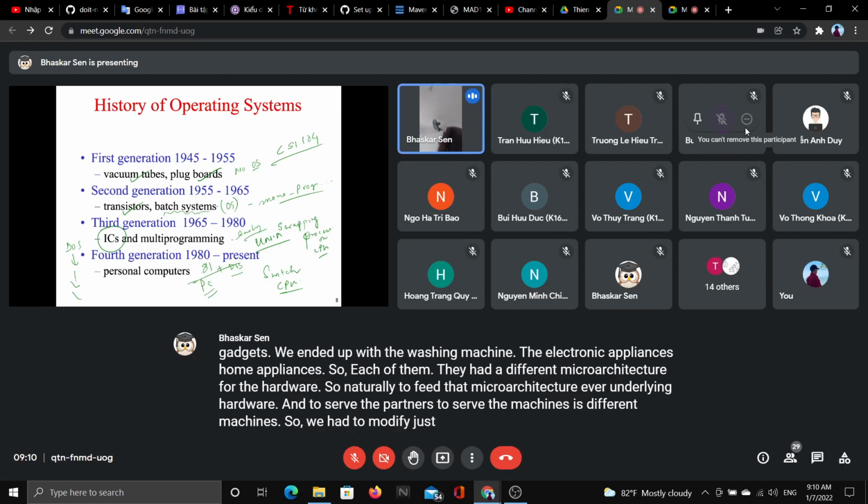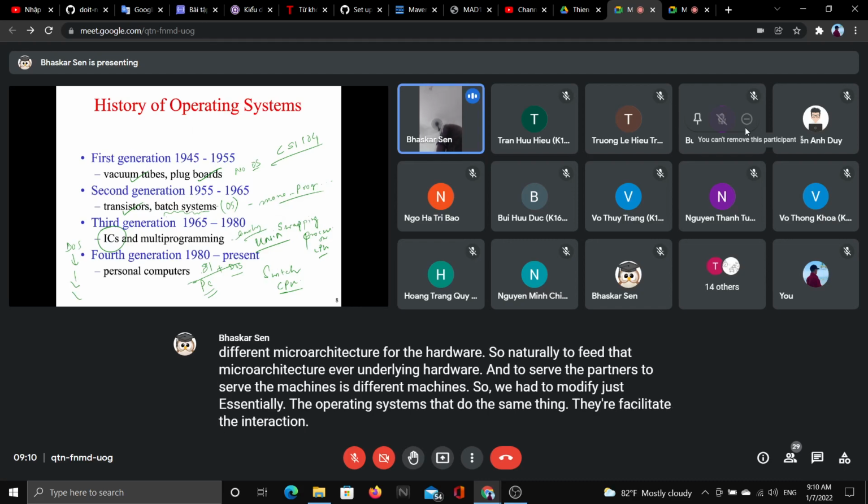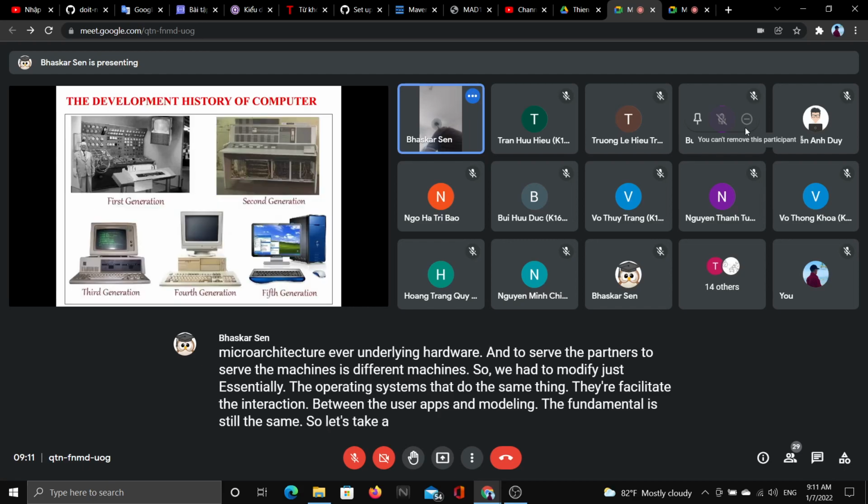But still, essentially, the operating systems do the same thing. They facilitate the interaction between the user apps and the underlying hardware. The fundamental thing is still the same. So let's take a closer look at it. Well, they're all things that you can see.